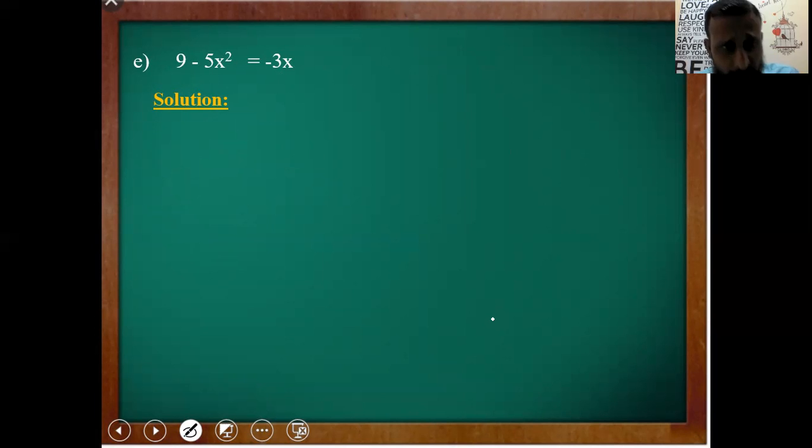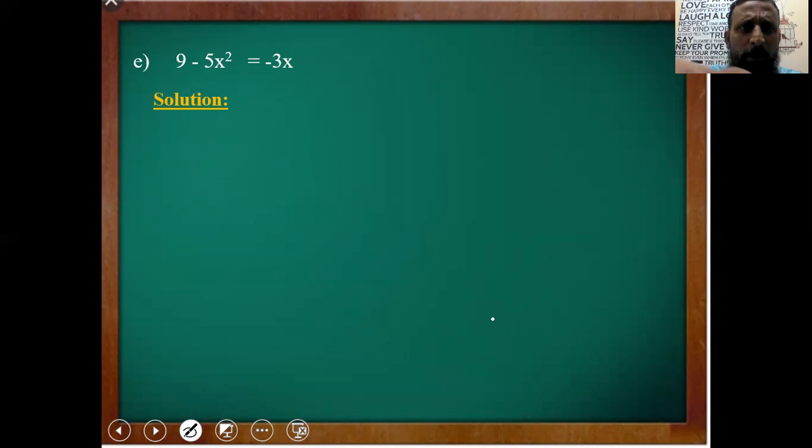Now, again, 9 minus 5x squared equals minus 3x. As I just explained, whenever you are solving a quadratic equation, all the numbers, variables, and constants should be on one side of the equation and the other side has to be 0. So this is your choice. You can move either the left hand side numbers to the right hand side, or the right hand side numbers to the left hand side.